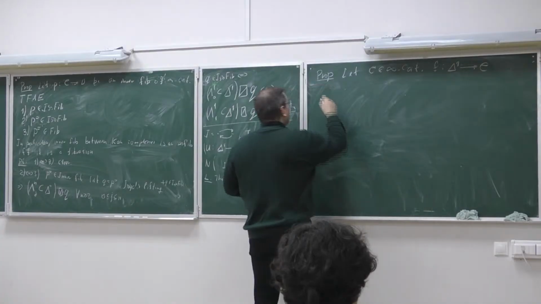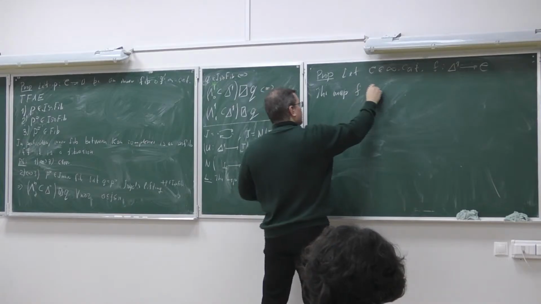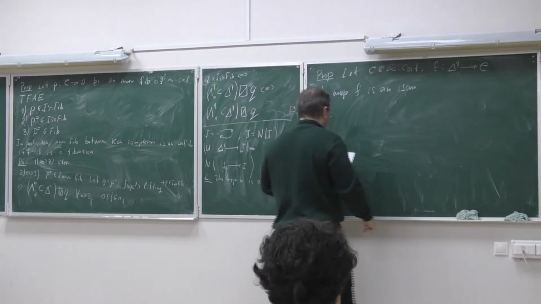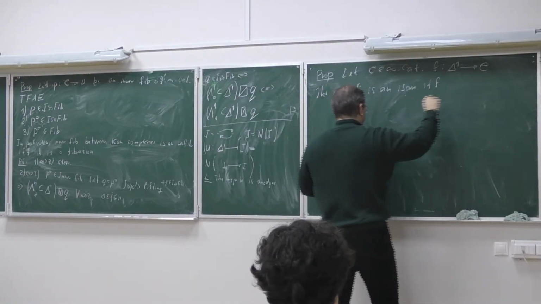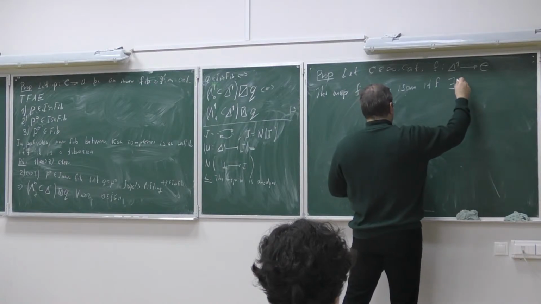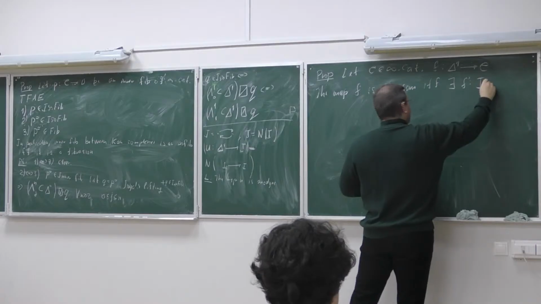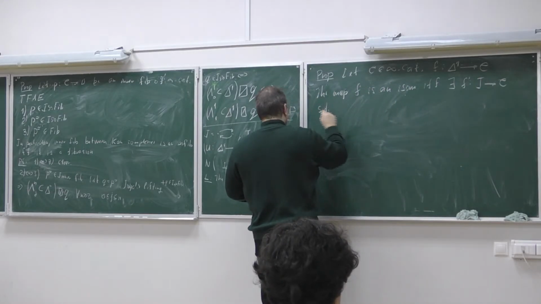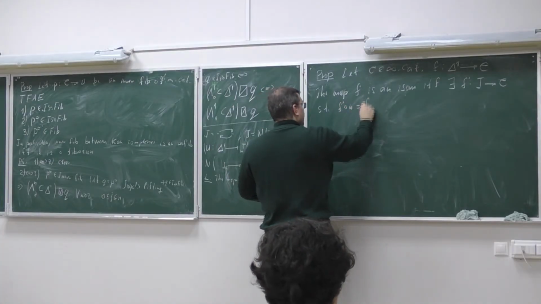So the map f is an isomorphism if and only if there is another map f prime from J to C such that f prime composed with U is f.